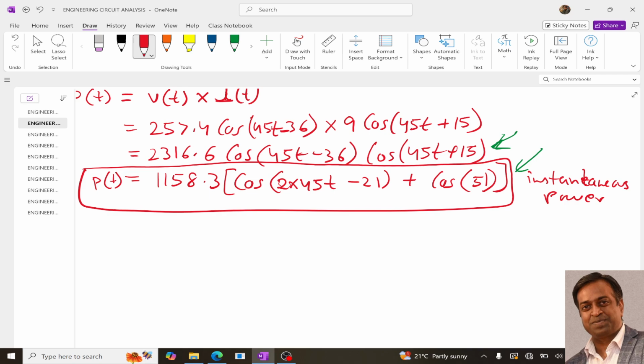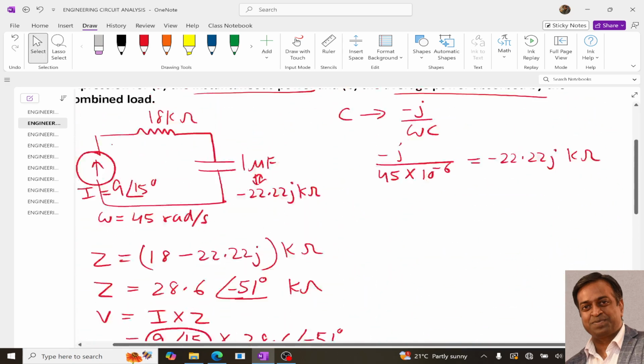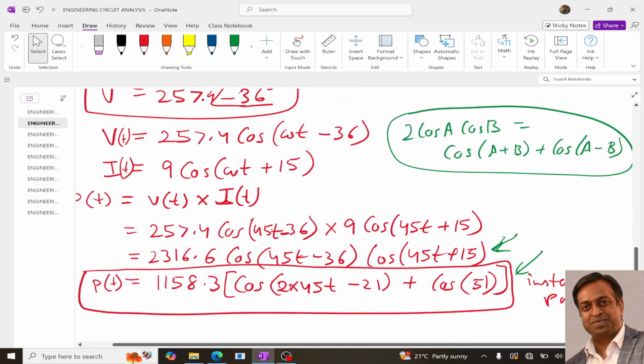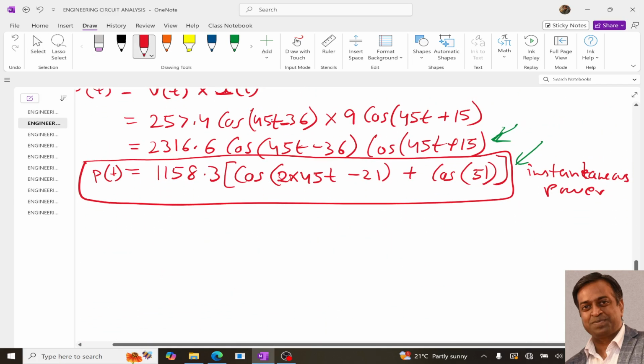Now the second part of the question says that we need to determine the average power absorbed by the combined load. So we need to determine the absorbed power corresponding to this instantaneous power.